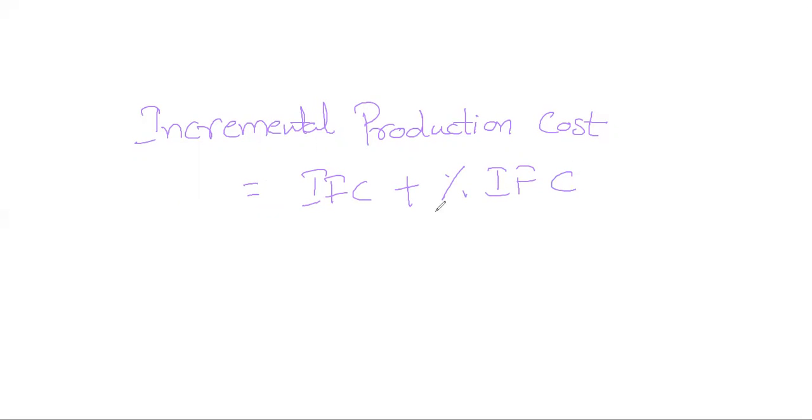This percentage includes some running expenses. These running expenses include labor charges, cost of labor like that, water, maintenance cost, all this. So the incremental fuel cost plus some percentage of incremental fuel cost is called the incremental production cost.